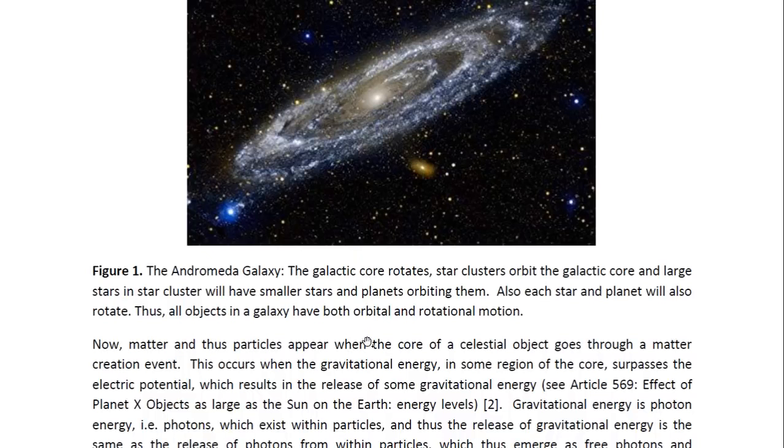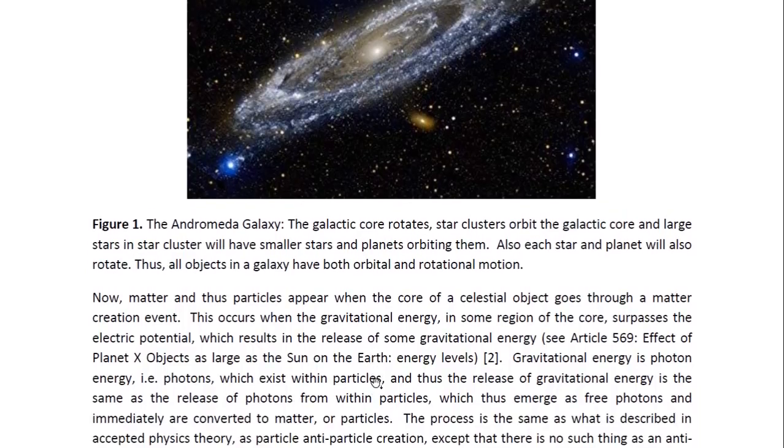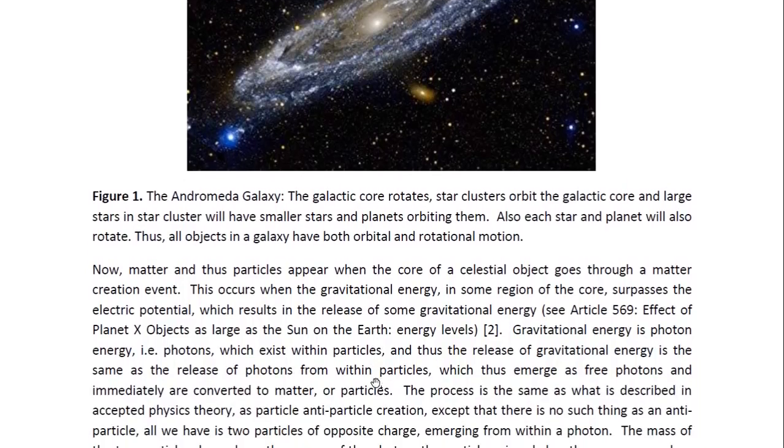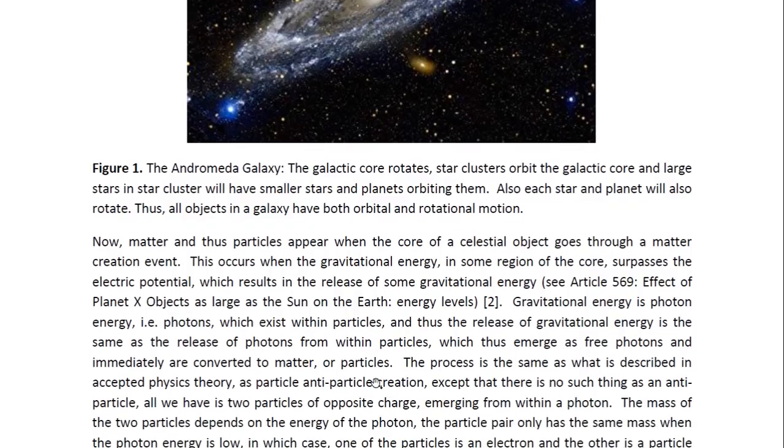Now, matter and thus particles appear when the core of a celestial object goes through a matter creation event. This occurs when the gravitational energy in some region of the core surpasses the electric potential, which results in the release of some gravitational energy. And you may look at Article 569 entitled Effect of Planet X Objects as Large as the Sun on the Earth, Energy Levels.